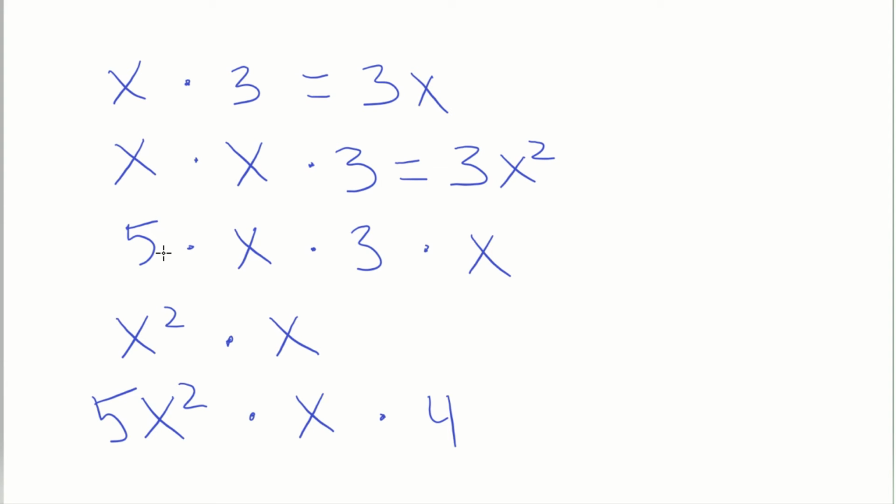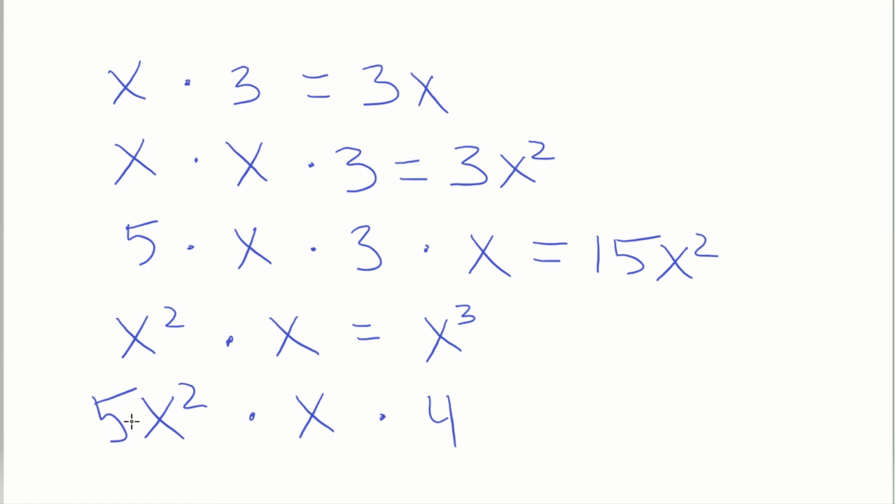And this one here, you can multiply the numbers and you can multiply the x's. So 5 times 3 is 15. And then x times x is x squared, so you can put that, and that's as simple as that can get. X squared times x is the same as x times x times x, so that equals x to the third.